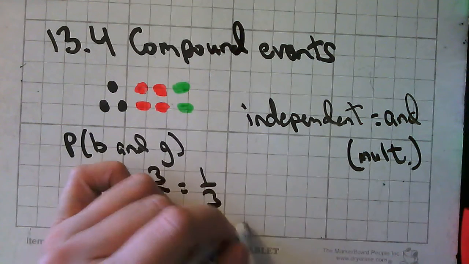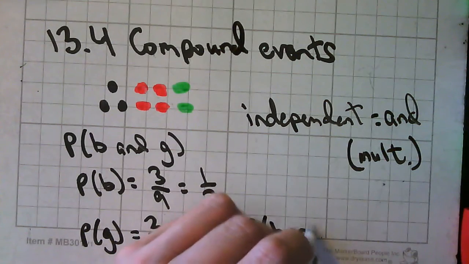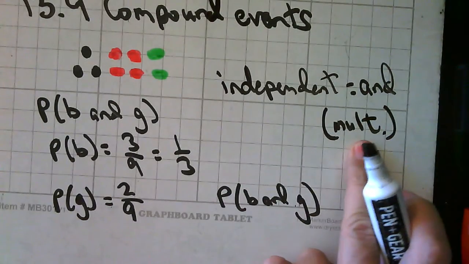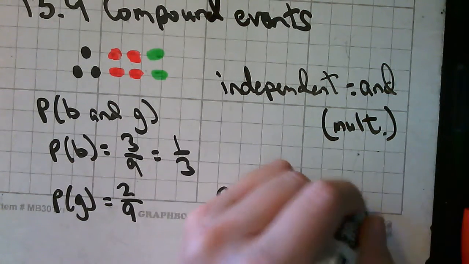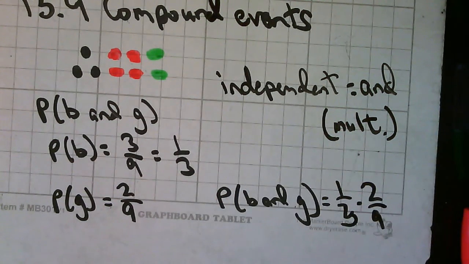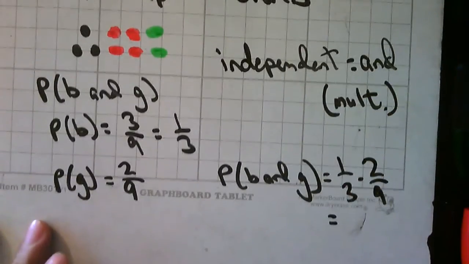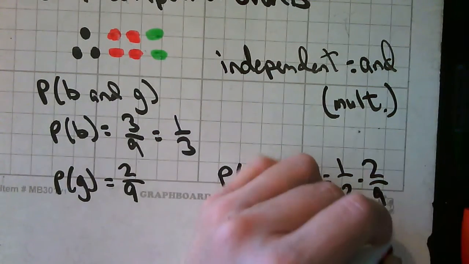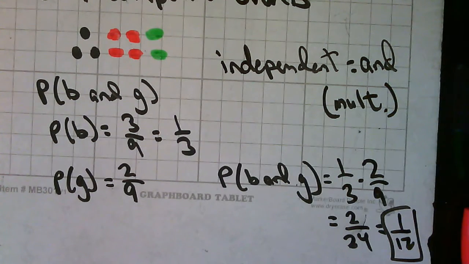So the probability of getting a black and a green in our two events, like I said, we're going to multiply. We got 1/3 times 2/9. This is going to give me 2/27. So I have a 2 in 27 chance of getting a black and a green.